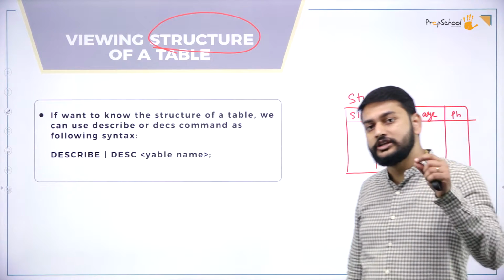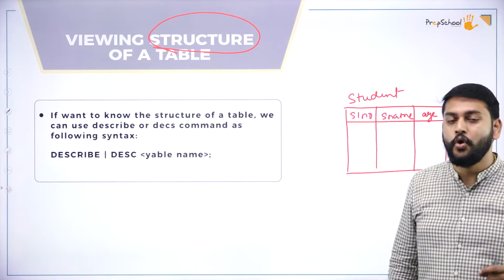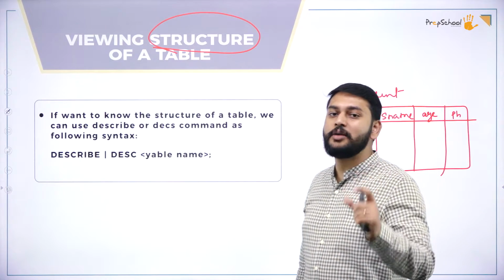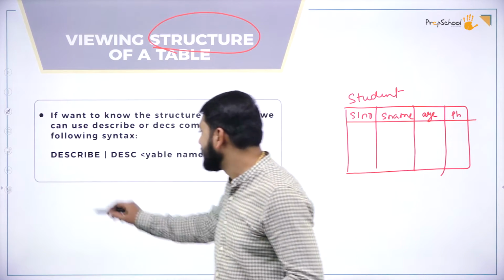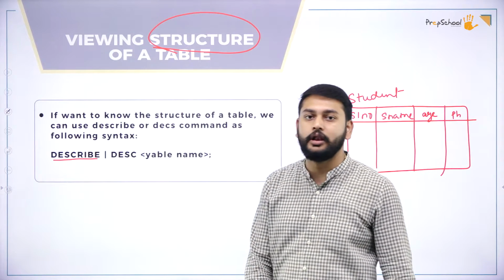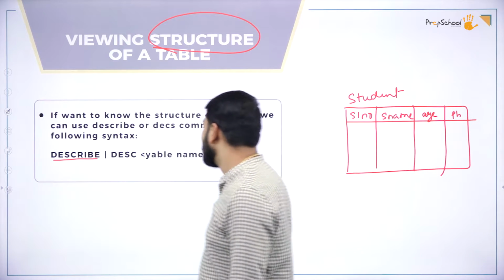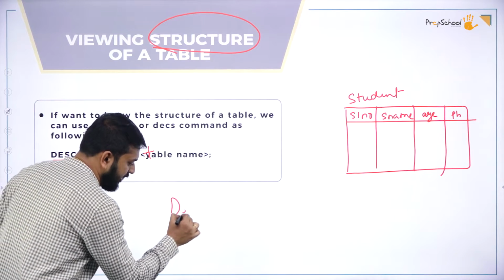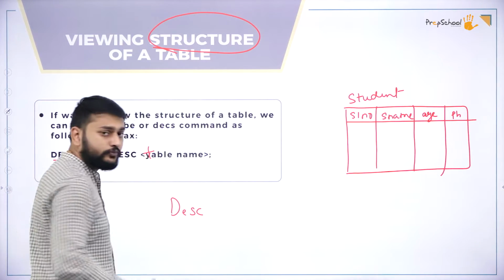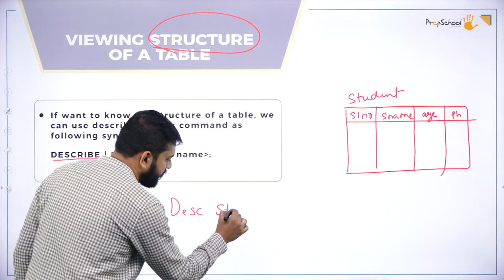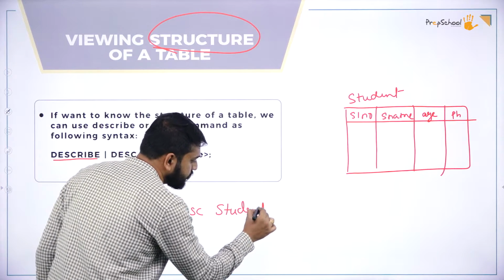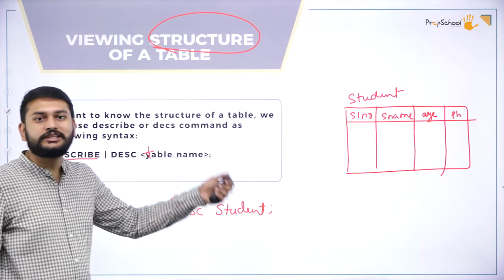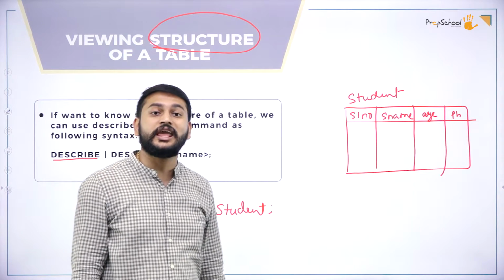So all those informations I can view only with the help of table description. That is what I will call a describe table. So guys, what is it that you will write? DES, you will write student. So what is the meaning of it? Student is the name of the table.